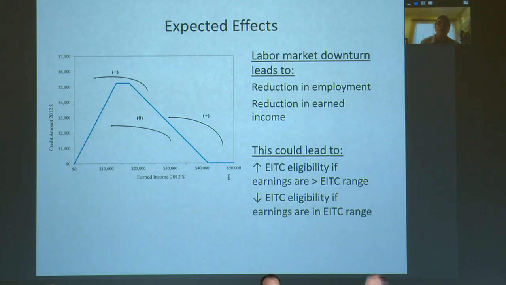So if you were in the range here where you would be ineligible for the EITC in the absence of the shock, and you are driven down to a point where you're eligible for it, then that group's participation in the EITC could go up when times are bad. You know, whereas if you're in a range more like here, you could leave the entire eligibility range by losing your job if it happened at the right time, okay?